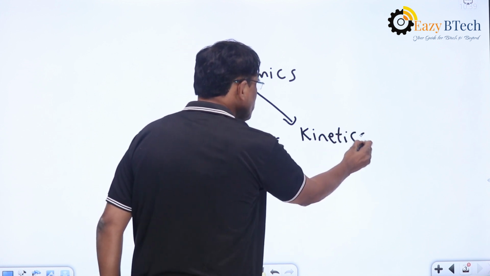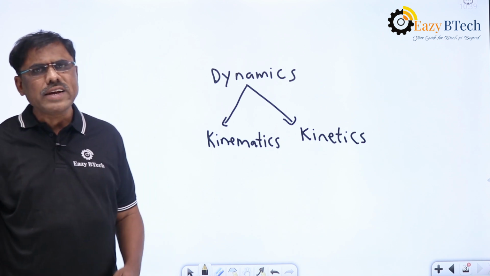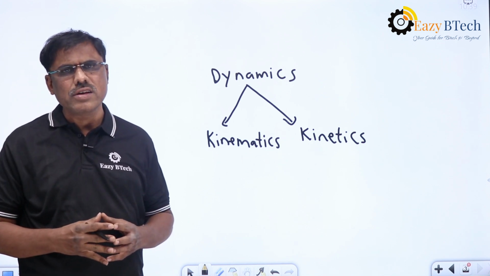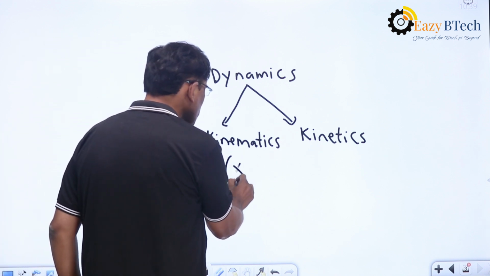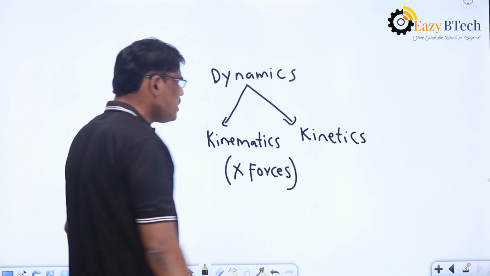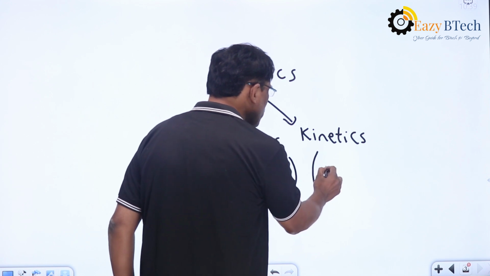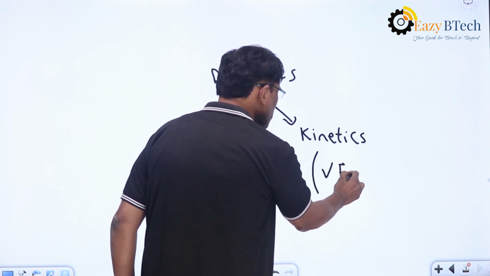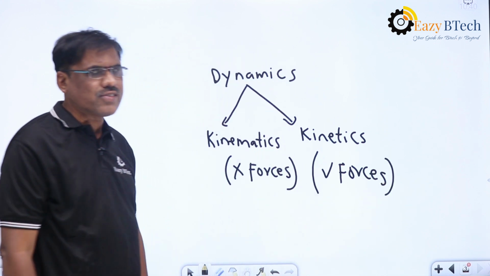The main difference between kinematics and kinetics here is, kinematics deals with the moving bodies, but here forces are not considered. Forces are not considered in kinematics. And kinetics deals with the moving bodies, but here the forces are also considered in the analysis.